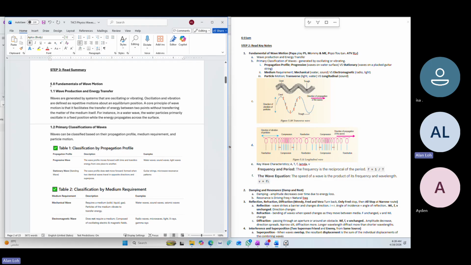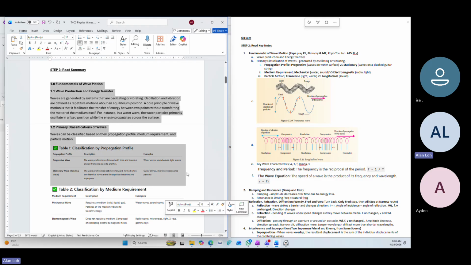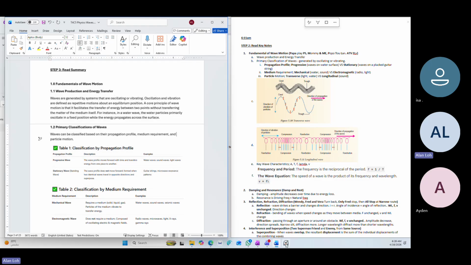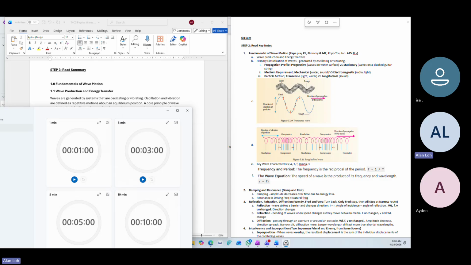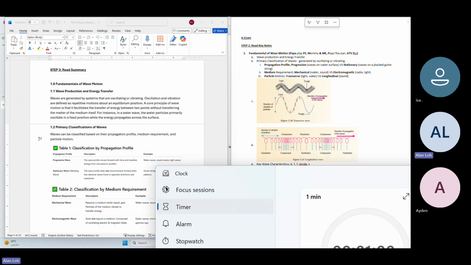All right, so let's focus on reading this page in 1 minute. This is drawer 1. Let's start now.